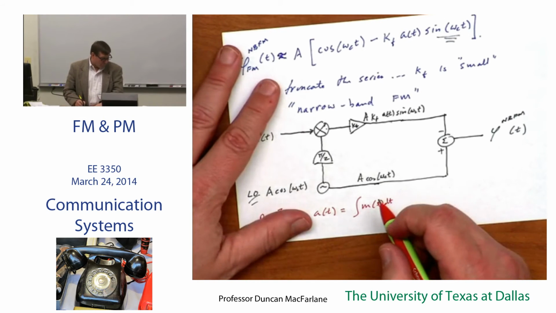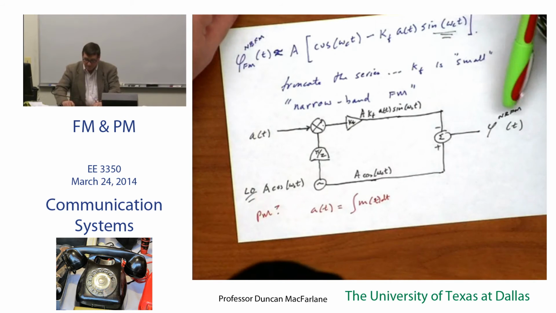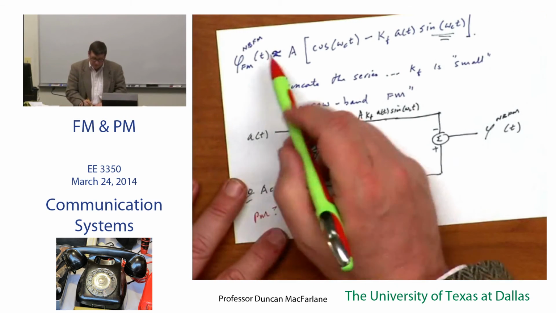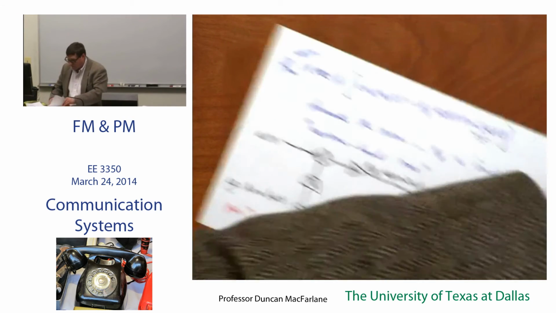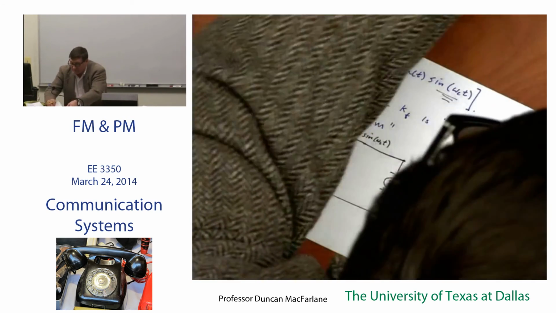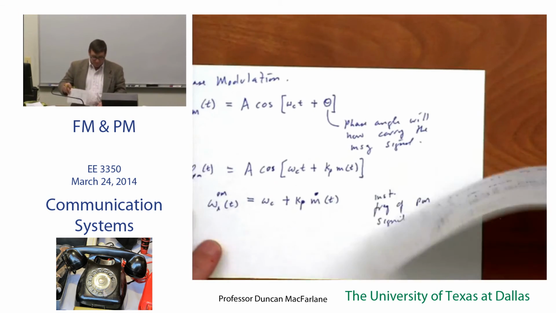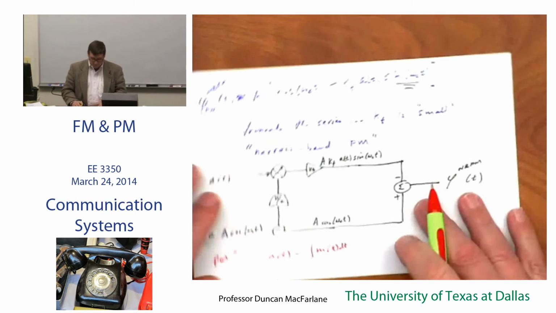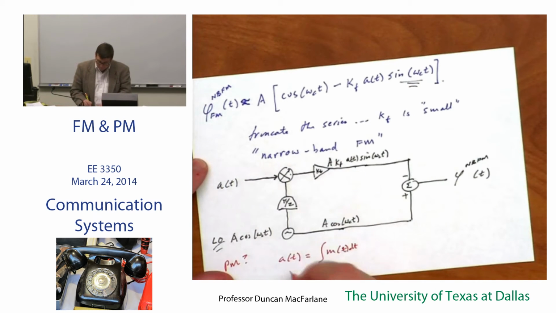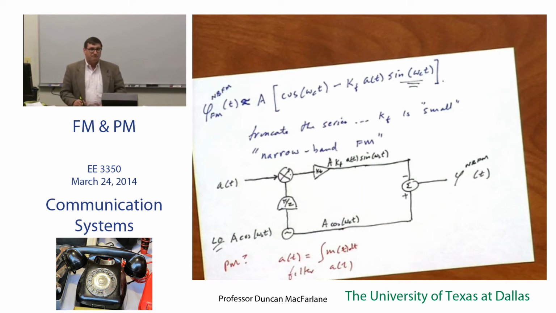And what I'd like to do, so A of t is coming in here. That's the integral of m of t. So let's hunt down our little list that lets us go between. We want inside of that to be m dot of t. So what we'll do is we'll use a filter on A of t to get it to a PM.